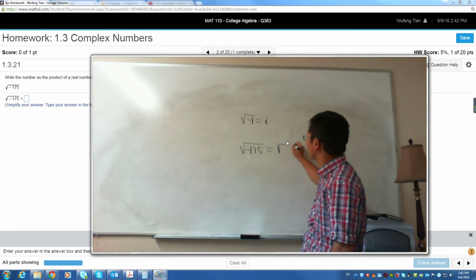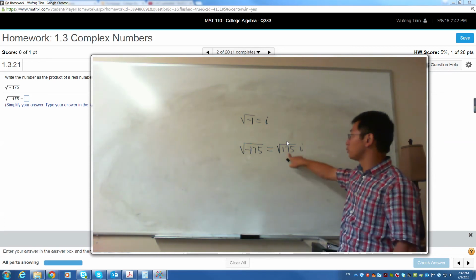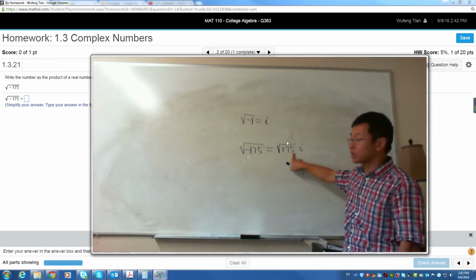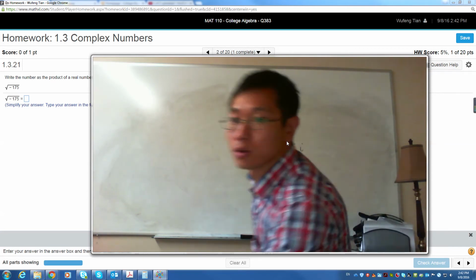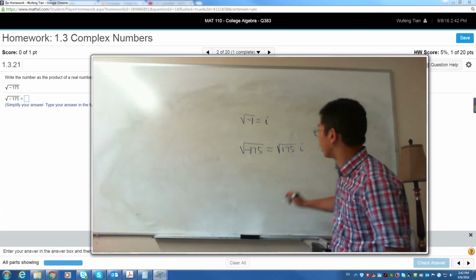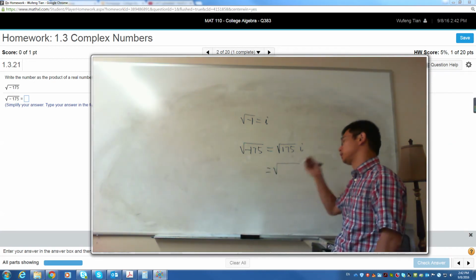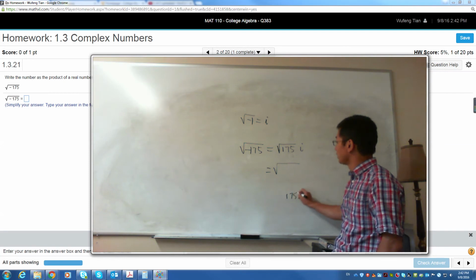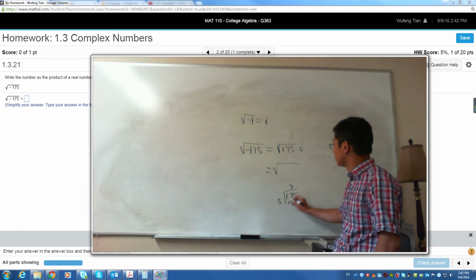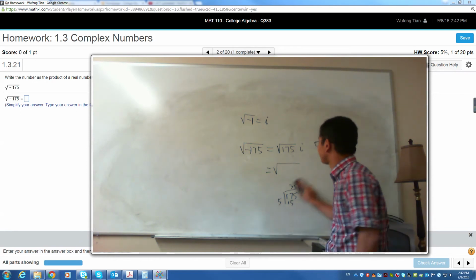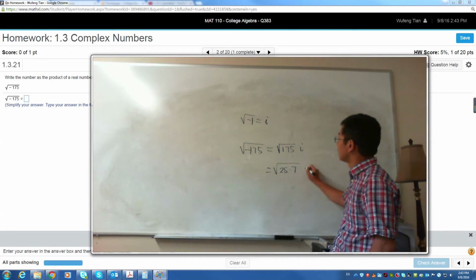You get square root of 175 times i. 175 is a composite number, so you can simplify that a little more. 175 divided by 5 is 35, so it's 25 times 7.